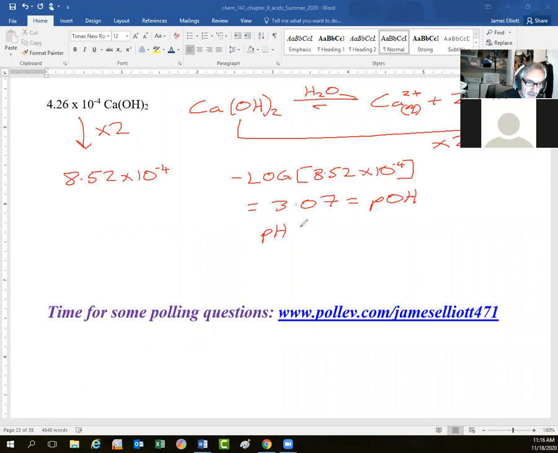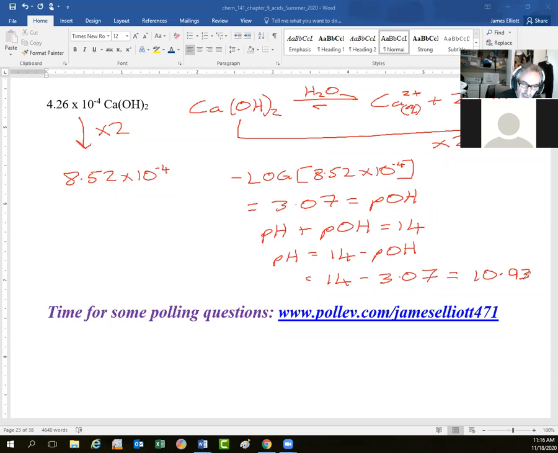So again, pH plus pOH is equal to 14. pH will be 14 minus pOH. And so that's 14 minus the 3.07. And so we get a value of 10.93 for pH.